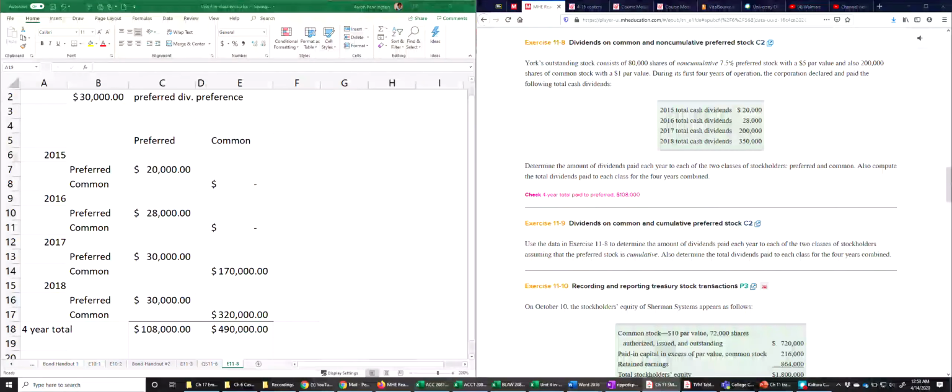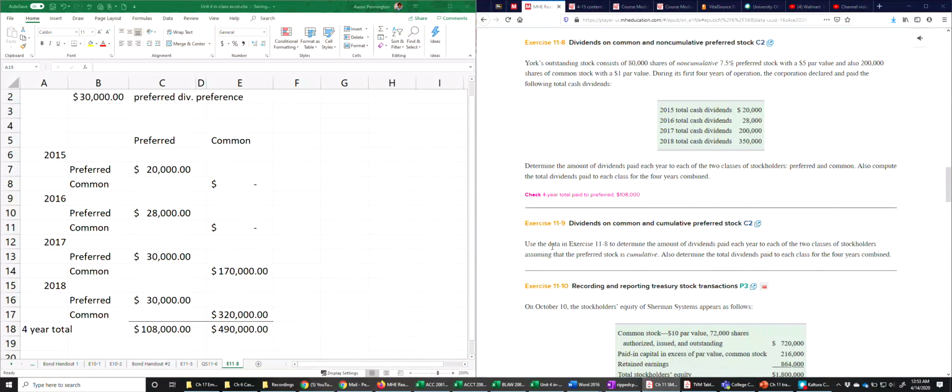Let's continue on with 11-9, which gives us some additional information.